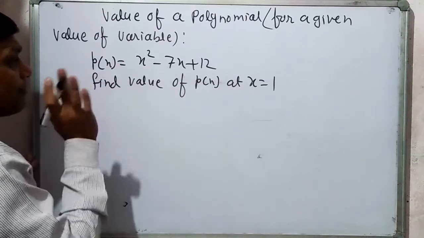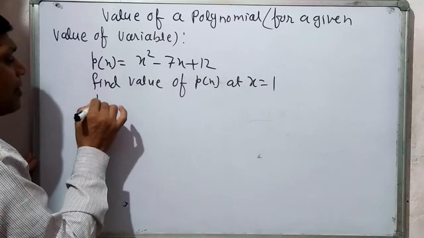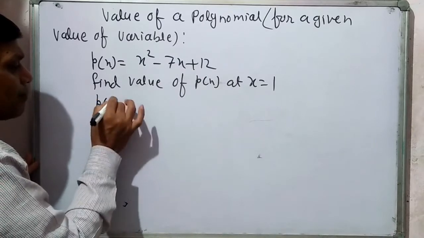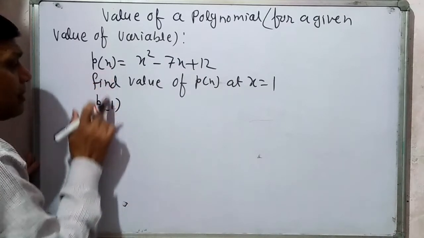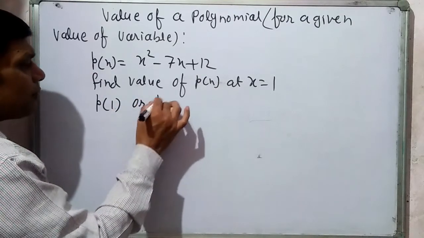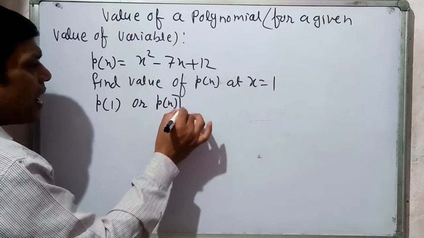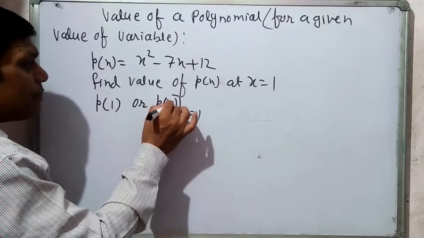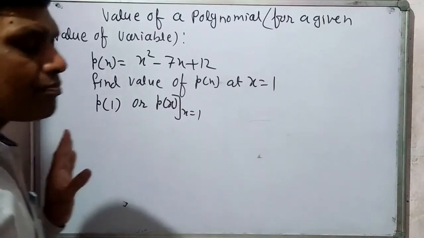We have two methods of writing it. We can write either as p(1). How do we read it? Value of polynomial at x equals 1. Or we may write this as p(x) at x equals 1. Both the methods are being used in various books.